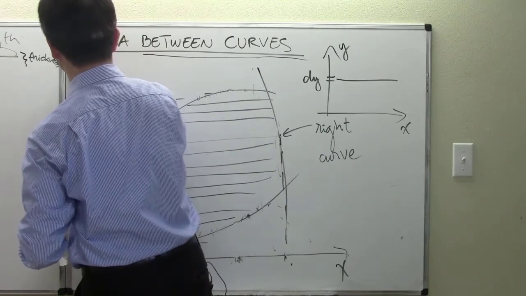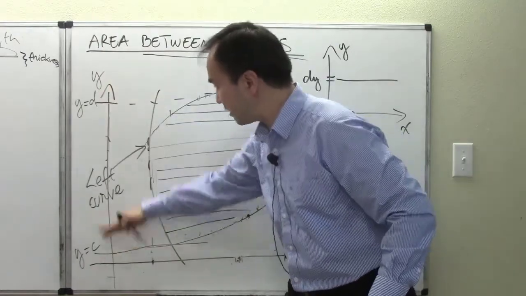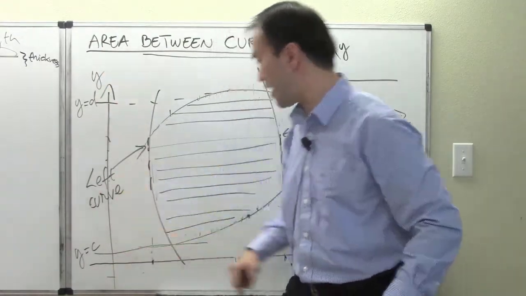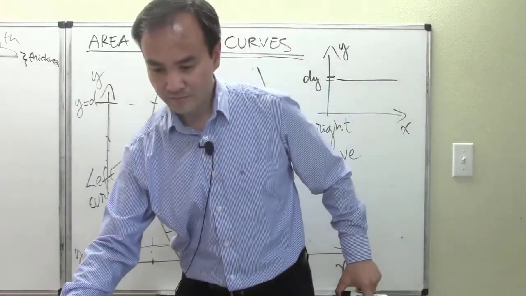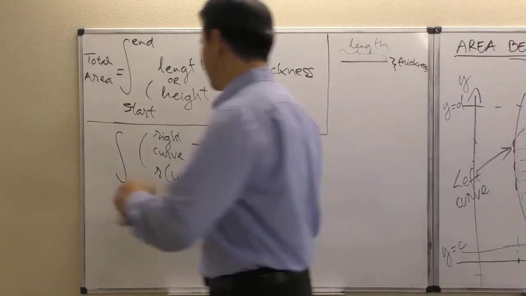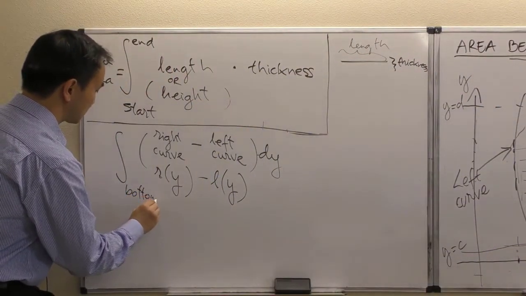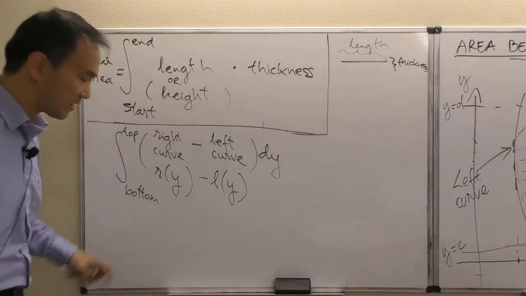So start to end is now on the y-axis, on the values of the y-axis. Now it's from bottom to top, from bottom up.